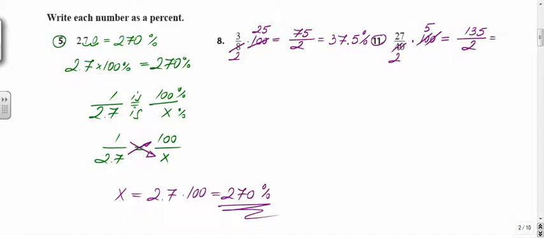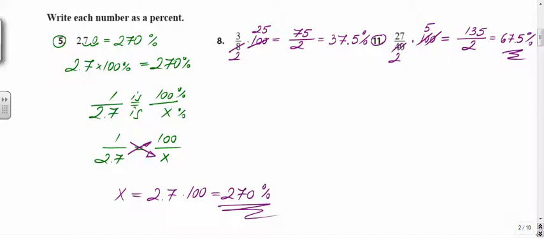Dividing that, 2 goes in 13 6 times. 6 times 2, 12 out of 13, 1, right? 2 goes in 15 7 times. 6.75... 0.5. Okay, what? Percent. Don't forget that. And these are a few ways in which you can change your number into a percent.